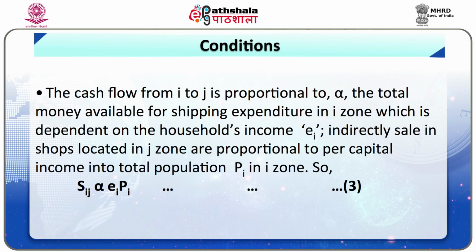Indirectly, sale in shops located in j zone is proportional to per capita income into total population Pi in i zone. So, Sij is proportional to Ei Pi. This is equation 3.